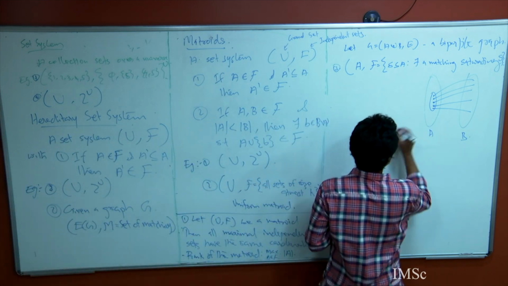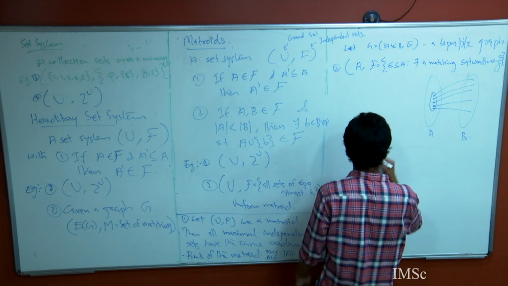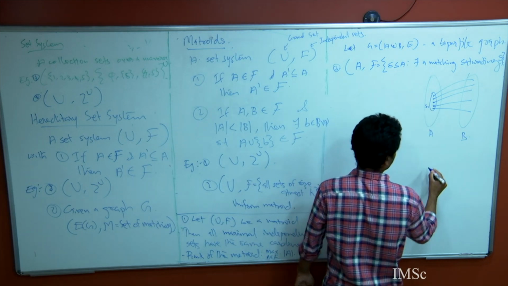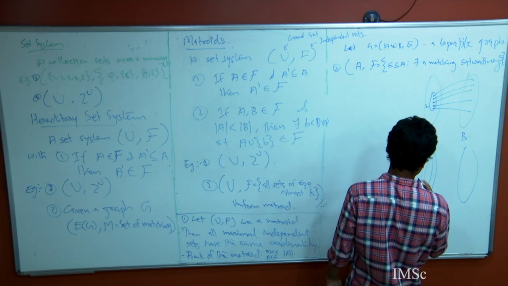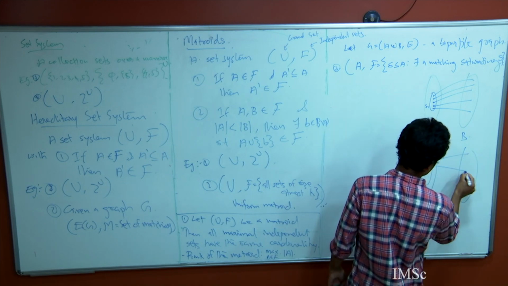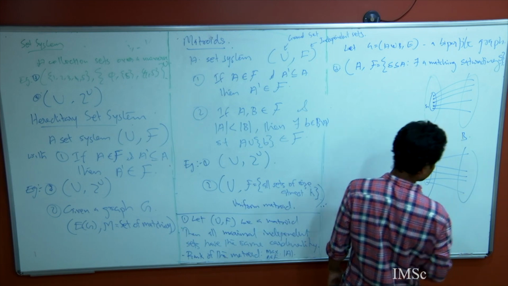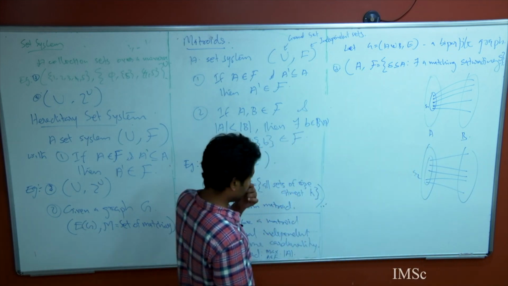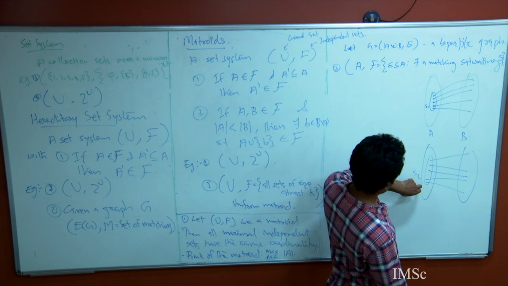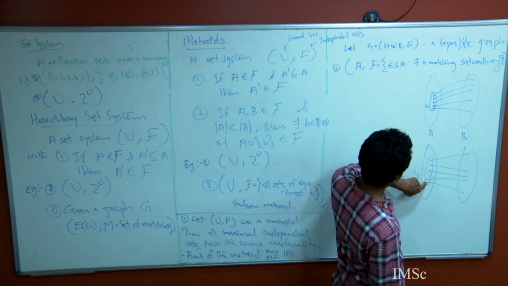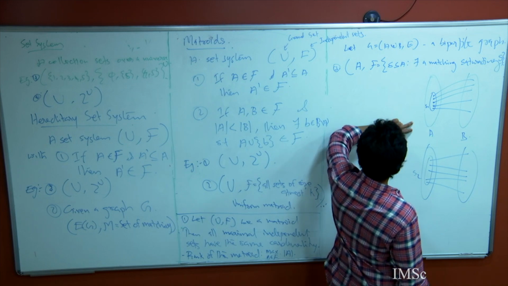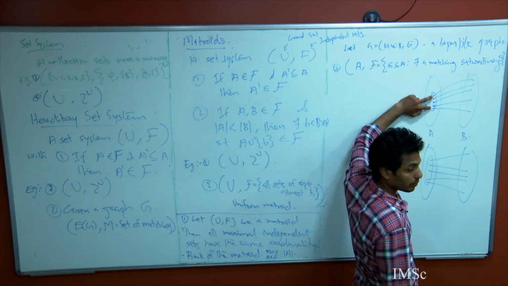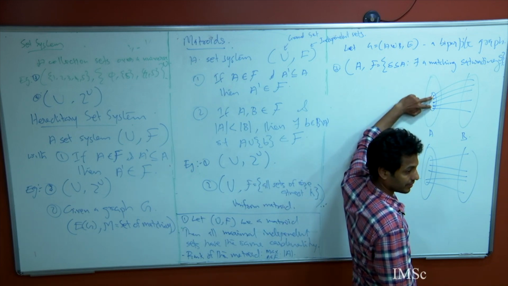So suppose I have S1 here and a larger set S2 here, then I should be able to find one vertex here, whose union gives a set where there is a matching saturating it.